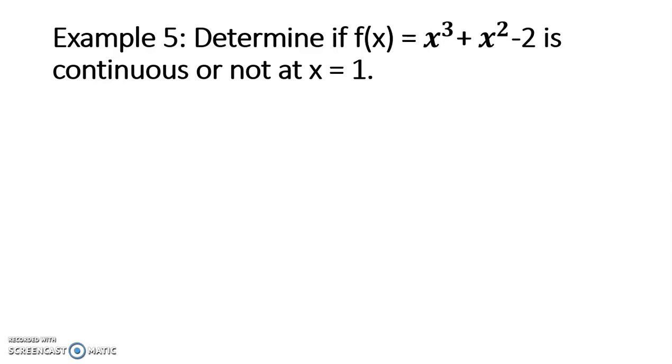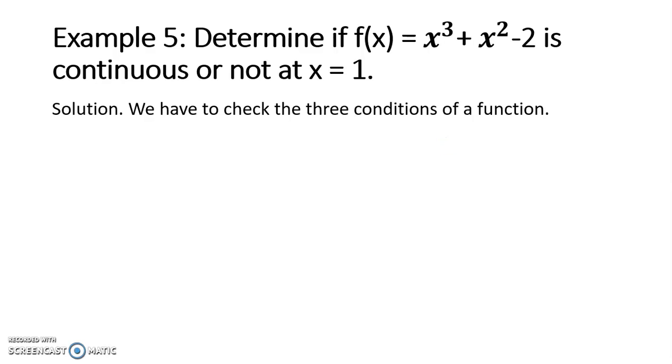Example, determine if f of x equals x cubed plus x squared minus 2 is continuous or not at x equals 1. Solution. We have to check the three conditions of a function. First, if x is 1, f of 1 is 0.